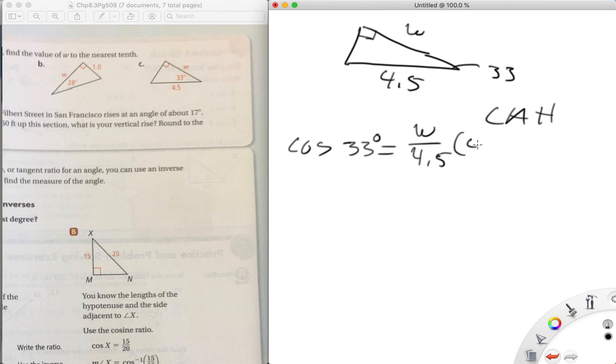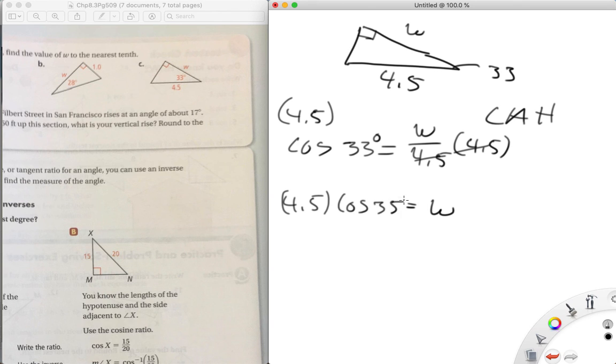So I'm going to multiply both sides by 4.5. And I get 4.5 cosine of 33 equals W. And these cancel right here. That'd be bad if I did 35.